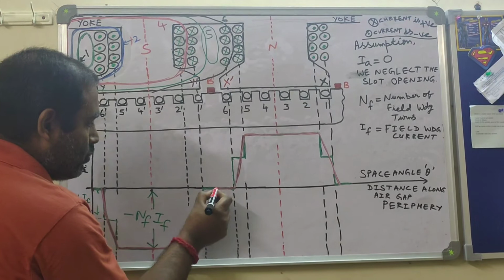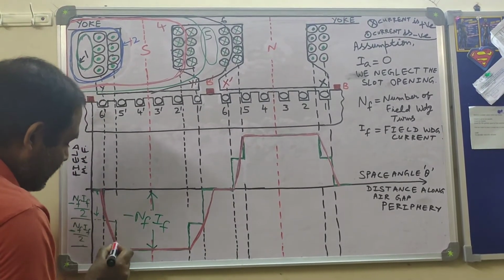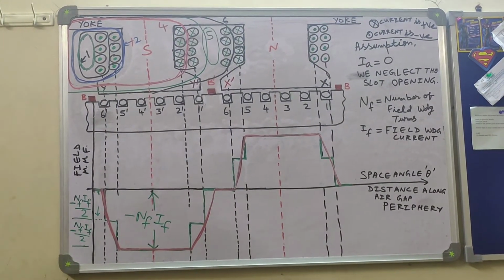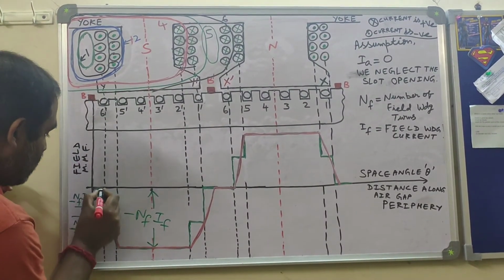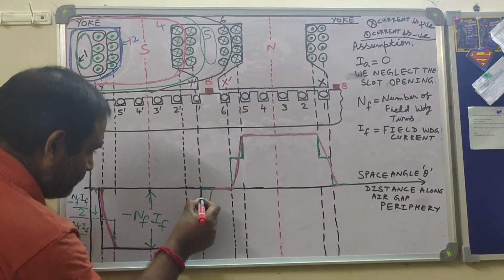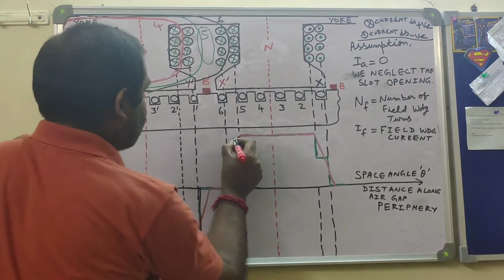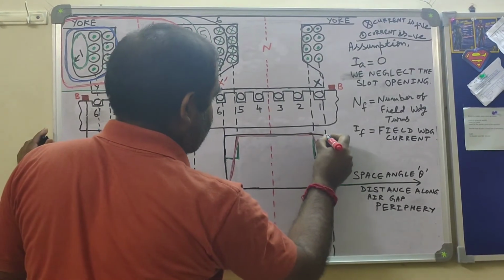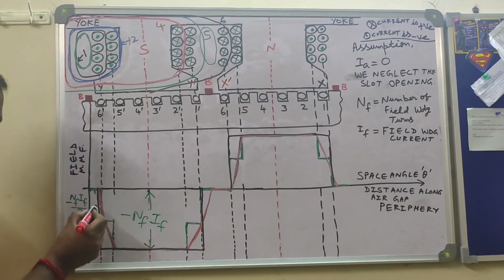However, in some of the textbooks, you will find that even this linearly rising variation is approximated by a step variation. That means instead of showing it like this along the pole tip, they will indicate it simply like this. So follow this black line.